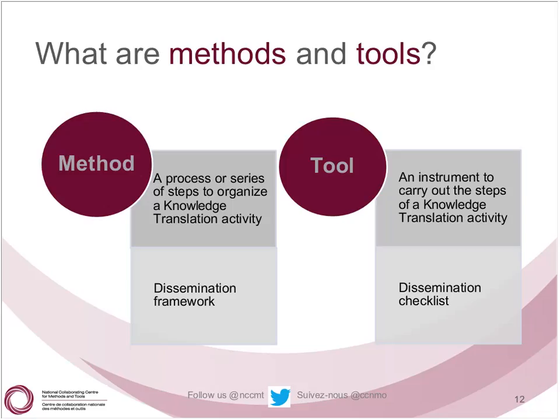A tool is more like an instrument to carry out those steps. So if there's a checklist of things to remember, that's more what I'm talking about with a tool, the way to do a task. That might be around critical appraisal of evidence. It might be around adapting evidence to your setting. So I'll tend to use those words together, a method and a tool, but if you're wondering what the distinction is, perhaps this definition will help.